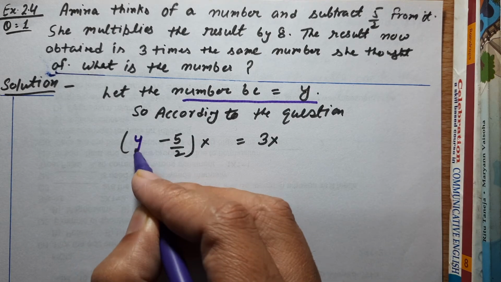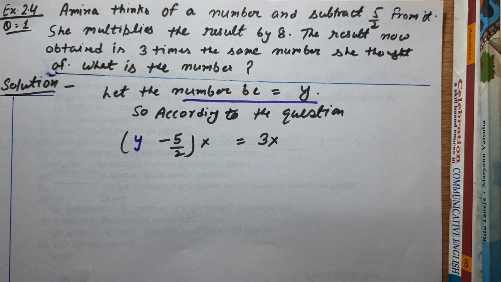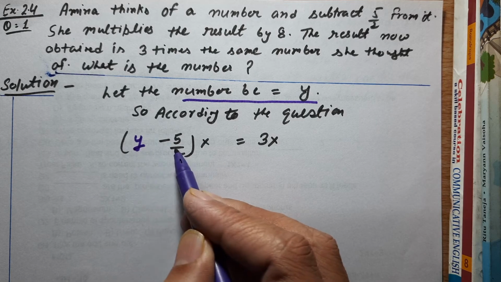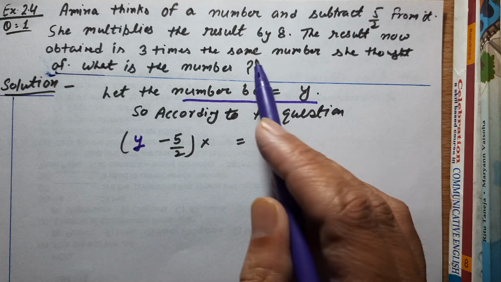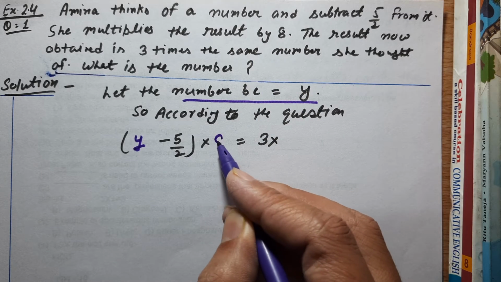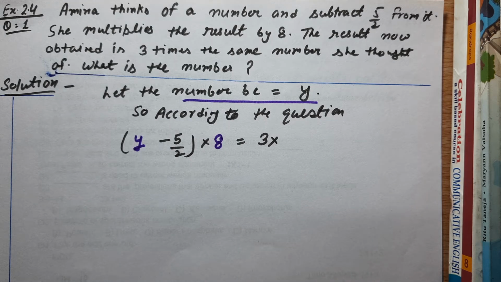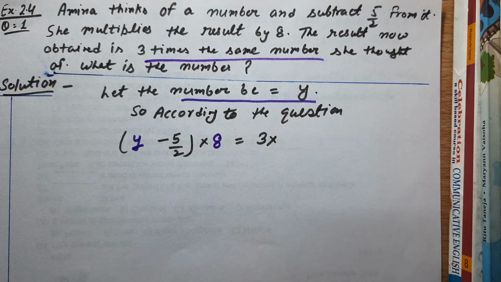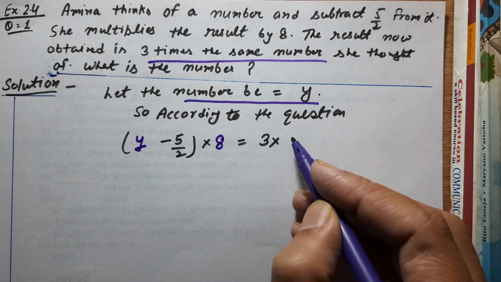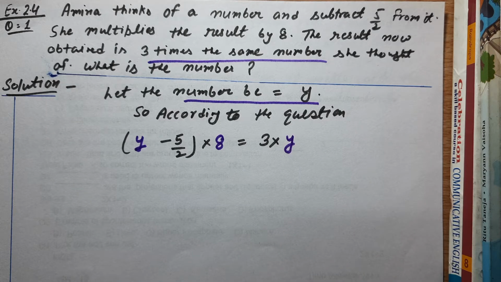According to the question, we subtract 5 upon 2 from it, so the number y will become y minus 5 upon 2. She multiplies the result by 8. Clear? And the result now obtained is 3 times the same number she thought of. The number thought is y. I hope this is clear.